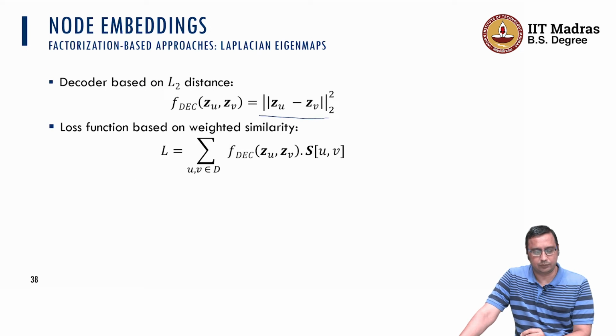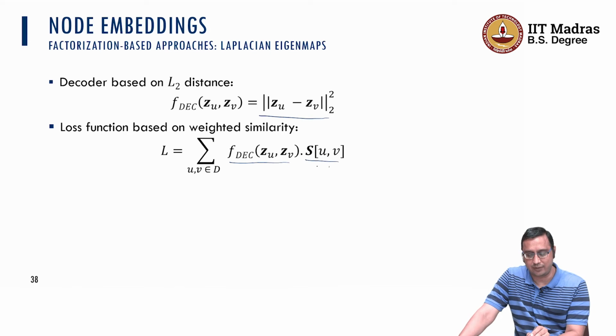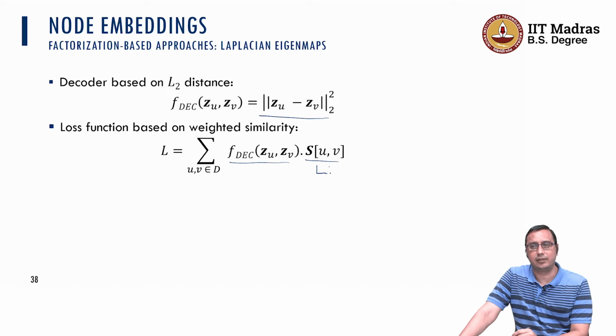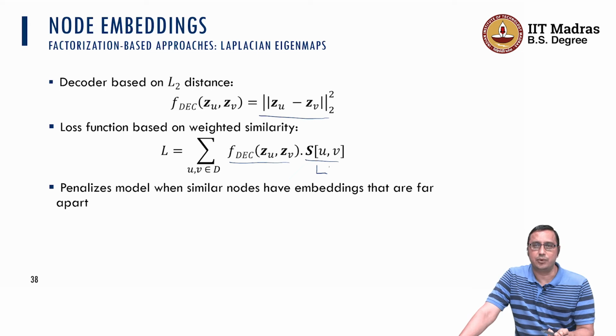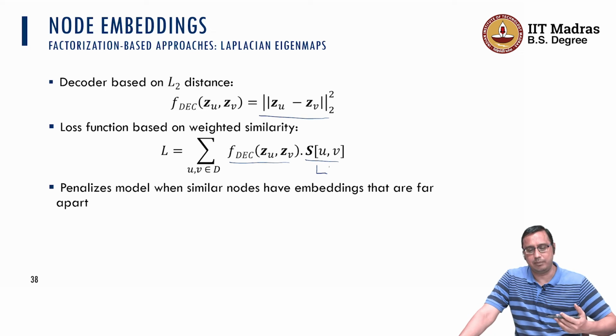So if we do that, our loss function here is going to be the decoder of z_u, z_v for each pair times some similarity, which is weighted similarity. Here, instead of using the adjacency matrix, we can use the Laplacian matrix of this particular graph, and this will lead us to the same formulation as Laplacian Eigenmaps.